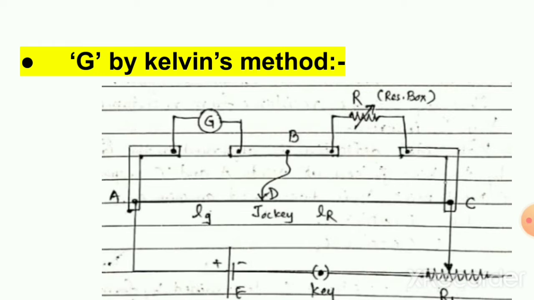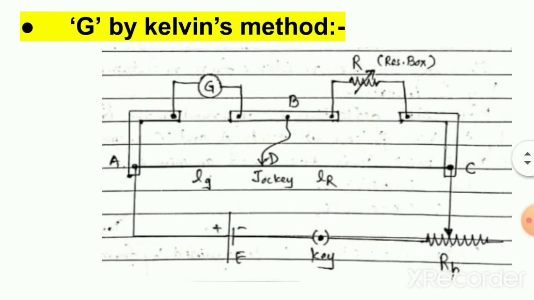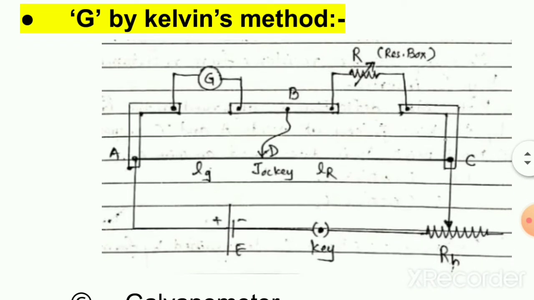As we start performing the experiment, first thing we do is we choose some suitable value of resistance from resistance box and then insert the key. Do not touch the jockey anywhere on wire AC, and then we find that current supplied by the battery moves in two branches.